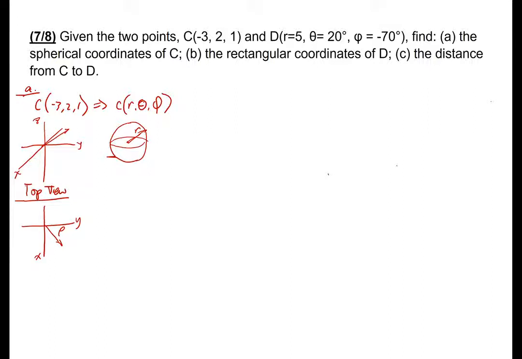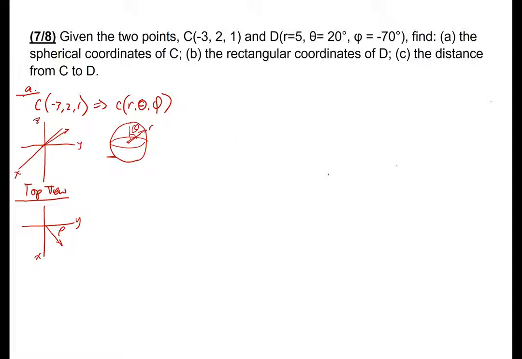Because theta is the angle from the vertical to the R. So this is theta, and then this is R. So if theta is 90 degrees, then R is equal to rho, because if you look at the top, the radius is actually in the XY plane. Now if theta is not 90 degrees, then R is not equal to rho.